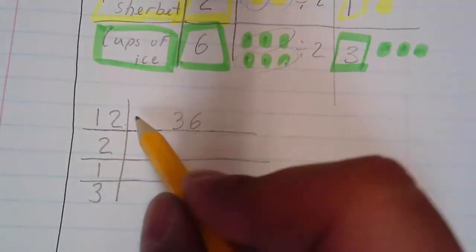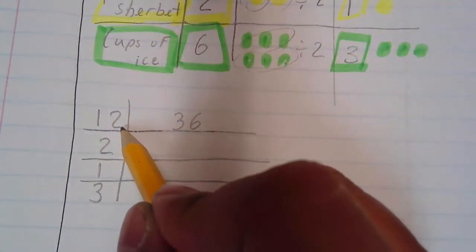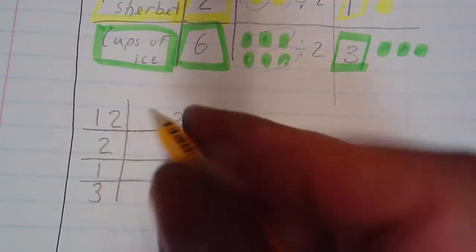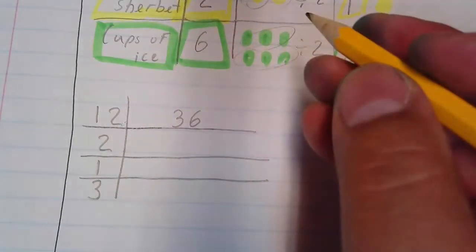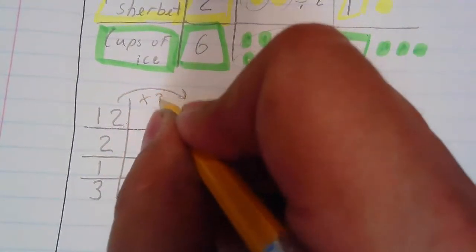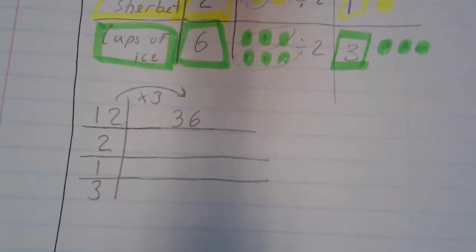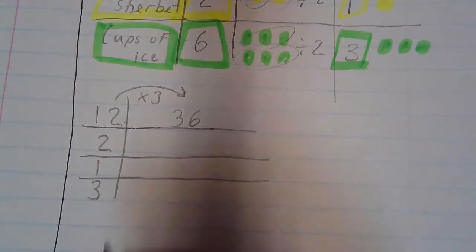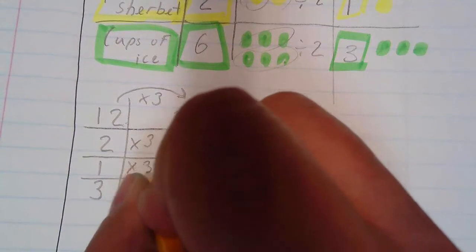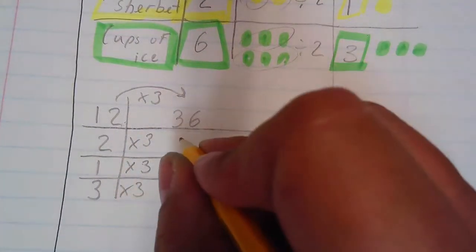Now, if we have groups of 12, 12 plus 12 plus 12, how many groups of 12 do we need to get to 36? I kind of already said it. Now, if you know your times tables, you know you're scaling up by a factor of 3. So I'm going to have to do the same thing for all of them. Increase all of them and scale up by a factor of 3 for all of them.